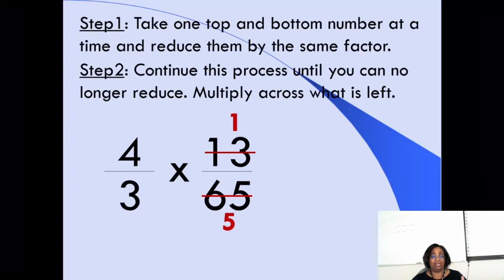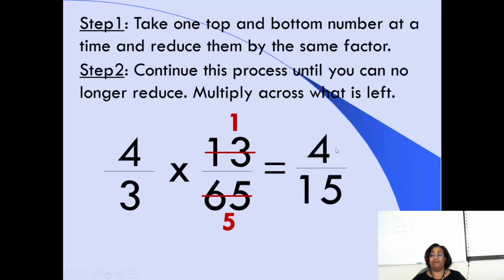Now, when I look again, is there a top and a bottom that I can reduce by the same factor evenly? No. So when you say no, all you have to do is multiply 4 times 1 gives me 4, and 3 times 5 gives me 15. Check it again.